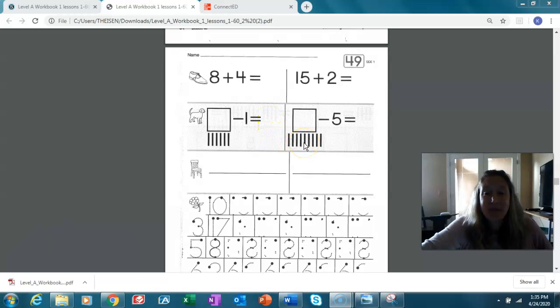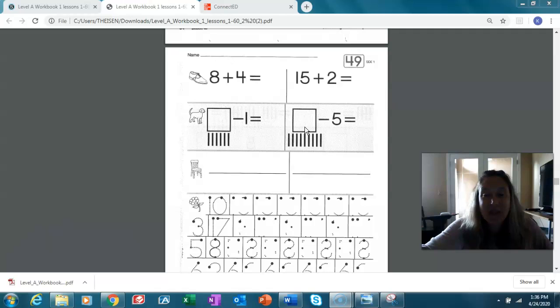Next problem. Once again, we need to count the lines and write the number we start with in the box. Go ahead and do that. And did everyone write the number 9 in the box?